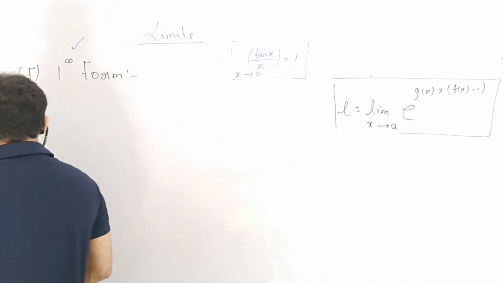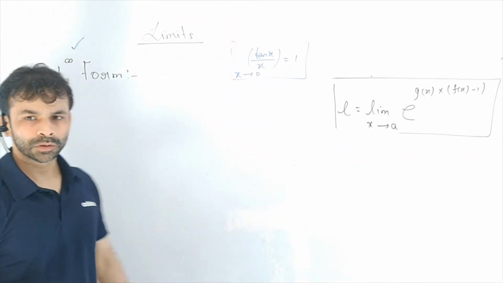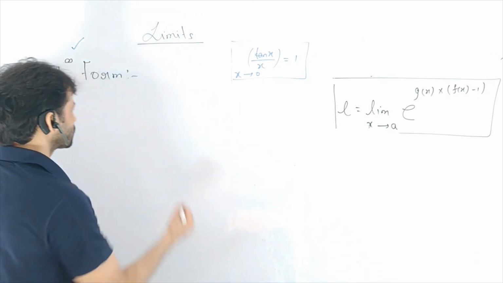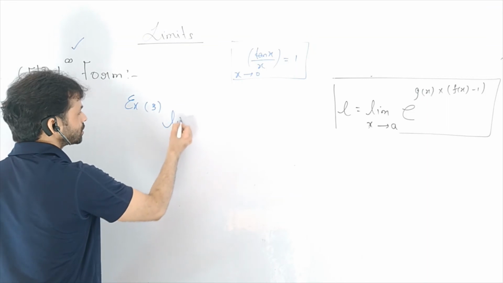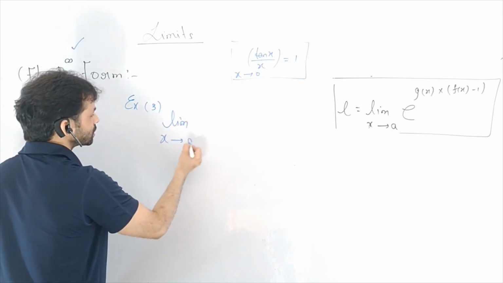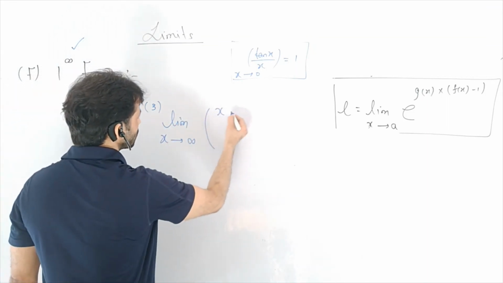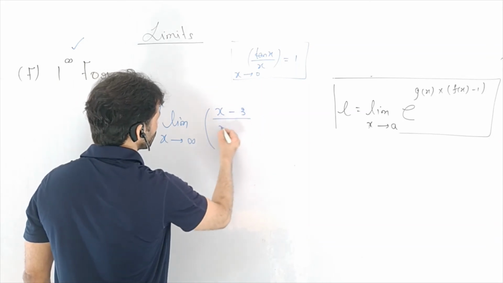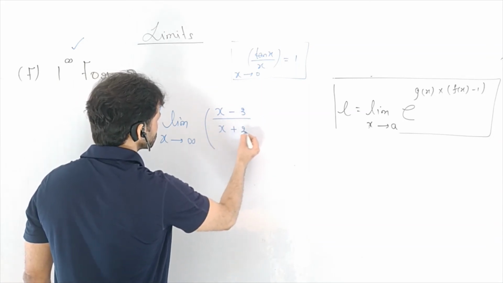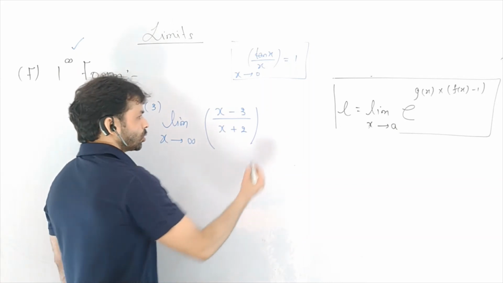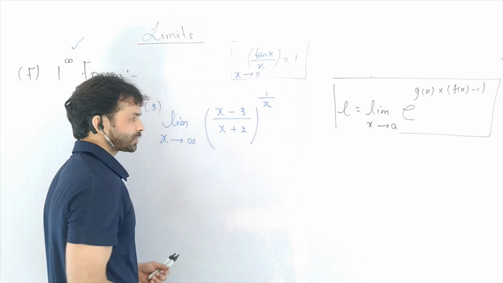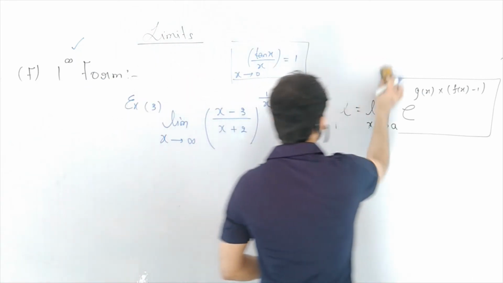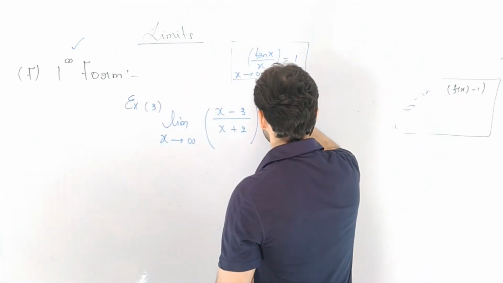Come to the other problem, of IIT 2000, I think. The problem was like this: limit x tends to infinity, ((x − 3) by (x + 2)) whole to the power x.